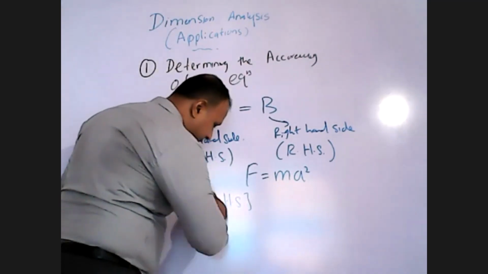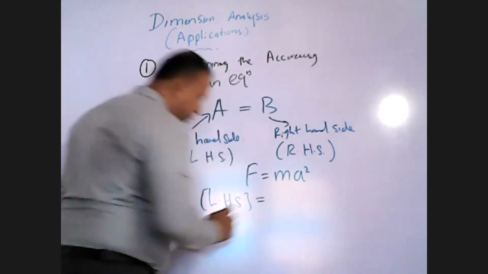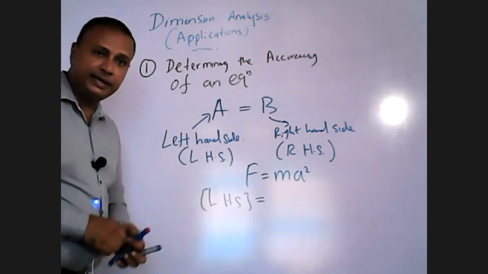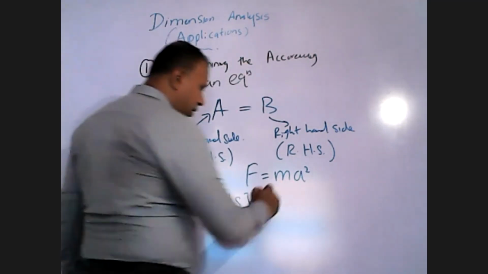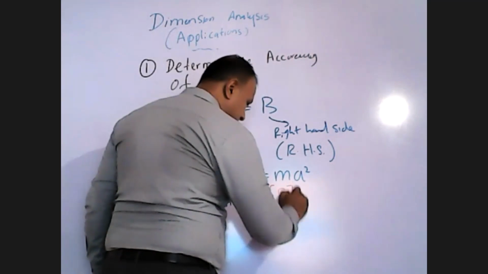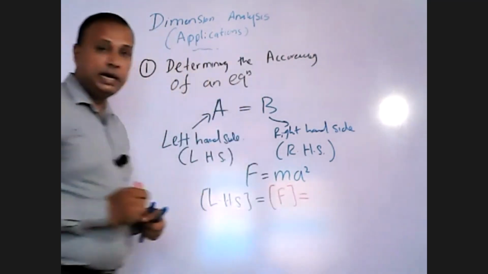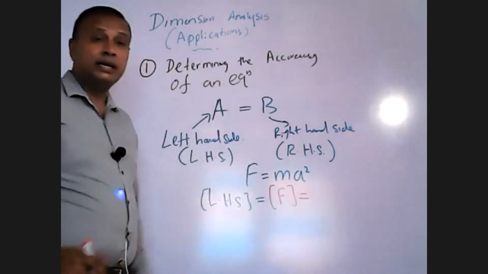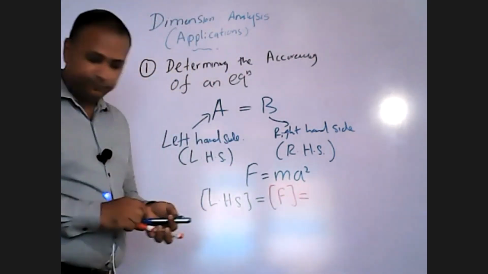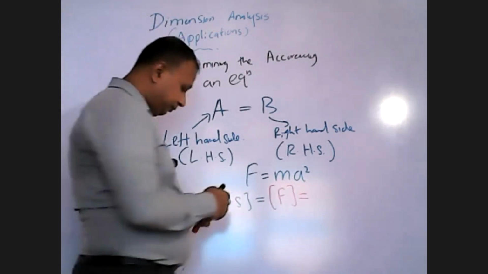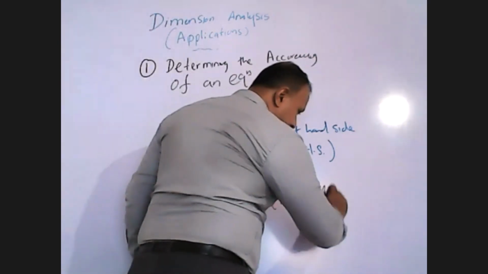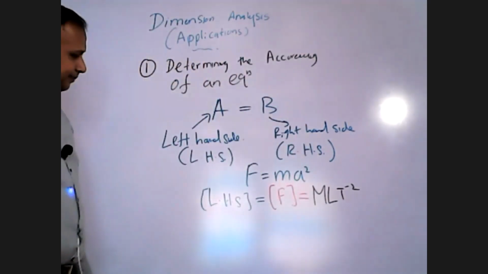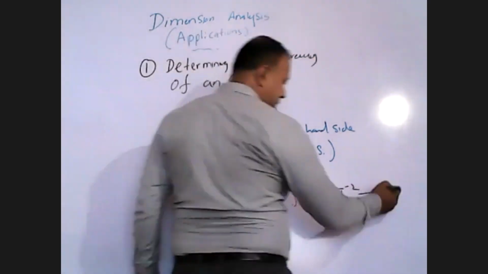The dimension of LHS is equal to the dimension of force. Now we know the dimension of force. What is that? That is equal to M L T minus 2.